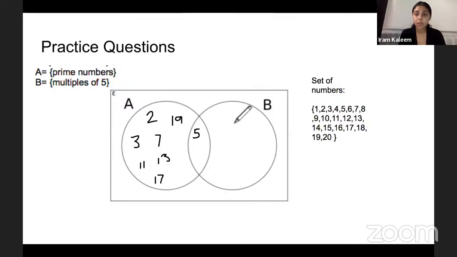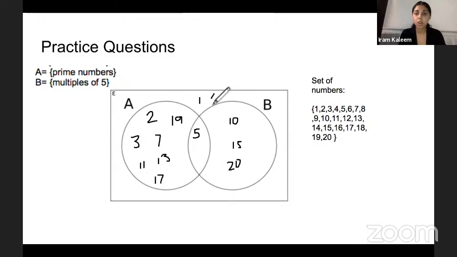And then in the other one, we'll put multiples of 5. So we've got 10, 15, 20. And anything that goes outside is neither prime nor a multiple of 5.